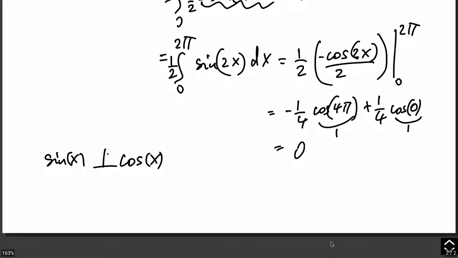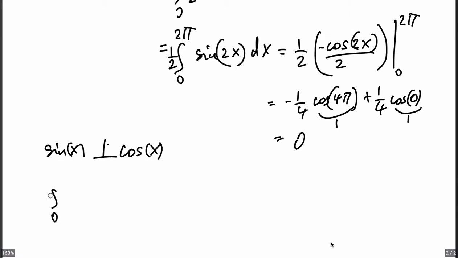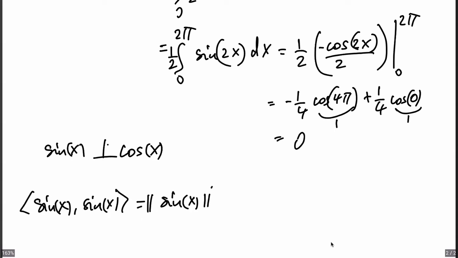If you want to check the normality, taking, for example, the inner product of sine of x with sine of x, in order to calculate the norm, or in this case the norm square. So this would be the integral from 0 to 2 pi sine square of x dx.